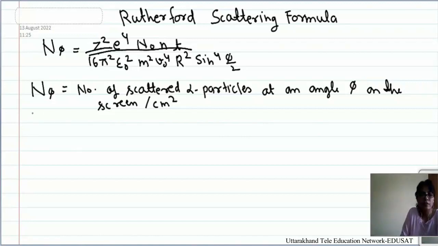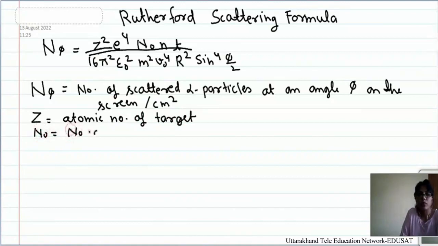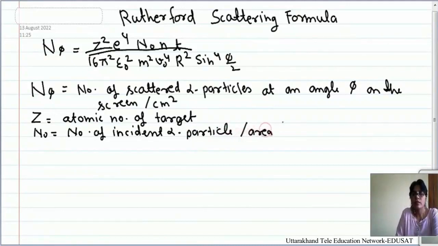Then Z is the atomic number of the target. And then N naught, which we already mentioned, is the number of incident alpha particles per unit area of target.